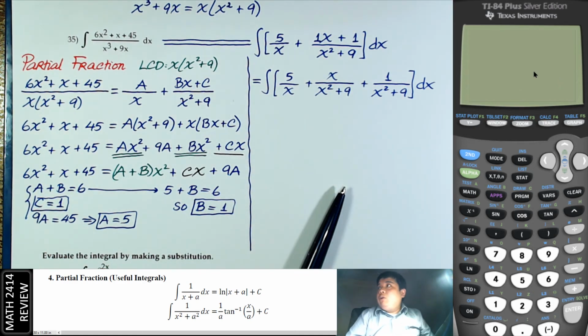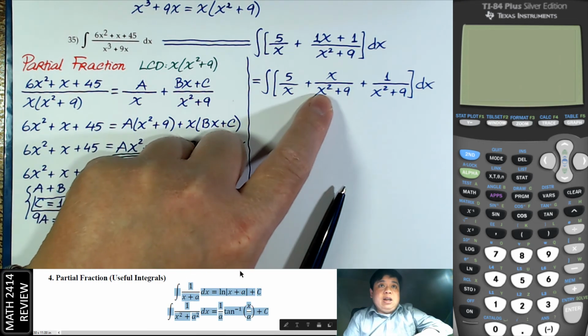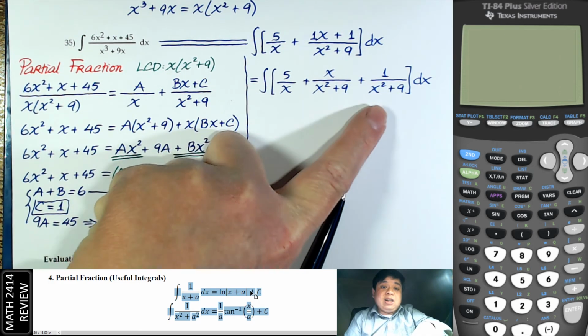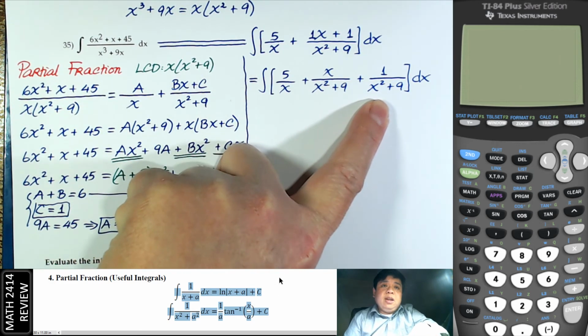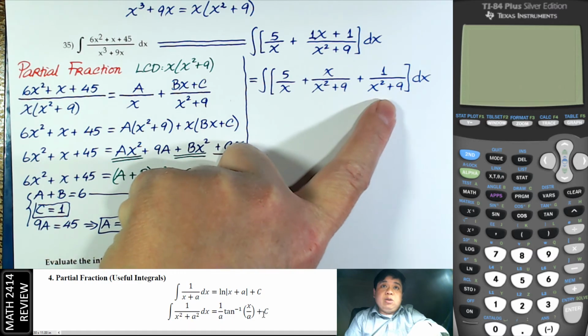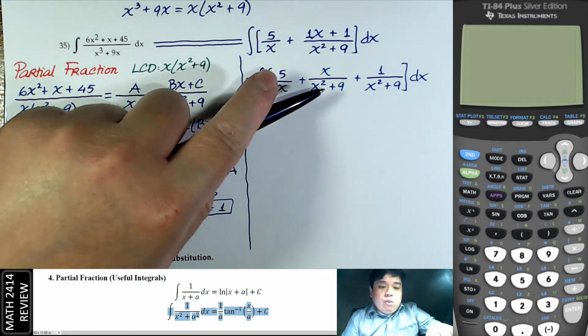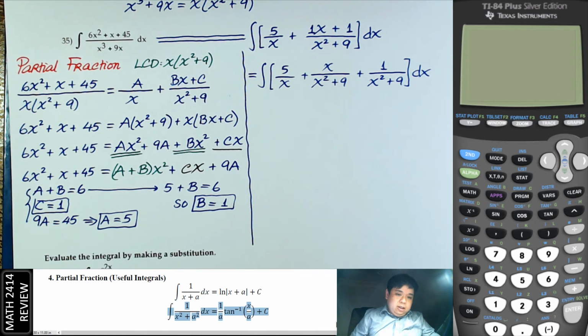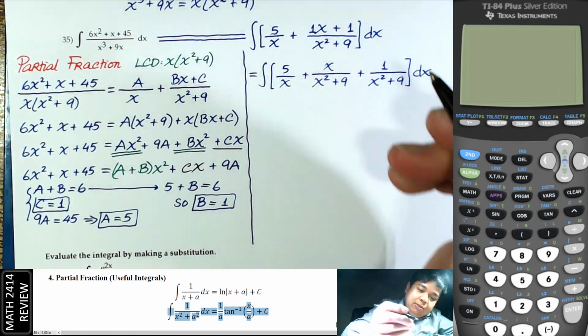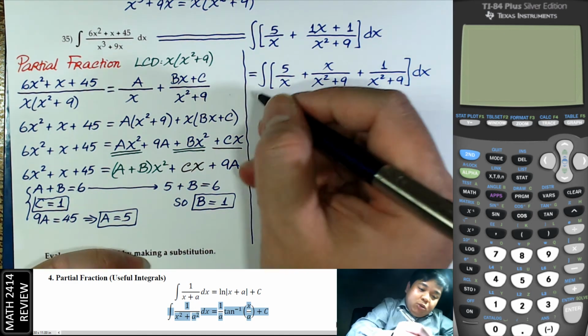Now look at the formula we have. The first one we have 5 over x, which is the ln. That's easy. Now this, okay, we'll talk about that later. 1 over x squared plus 9, so that we can use the tangent inverse. The formula's over there. This requires a substitution. Right, so let's just split this one more time.